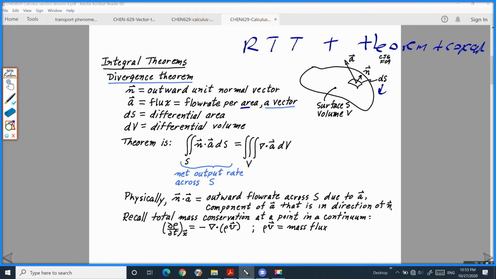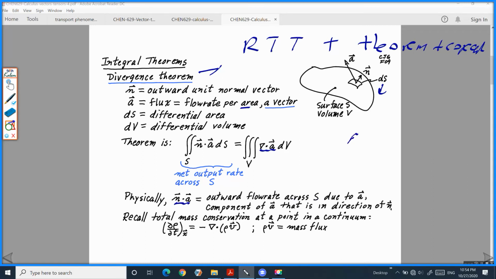Then the divergence theorem gives here: the double integral of the dot product between the normal vector and the vector a is equal to the triple integral of the divergence of the vector a. So in physical meaning, the dot product between the normal vector and a is equal to the flow rate across s.